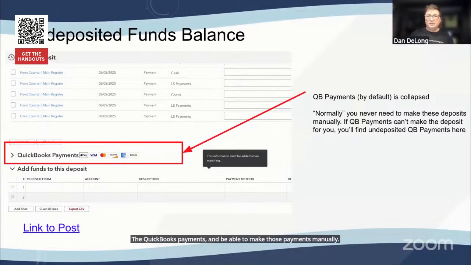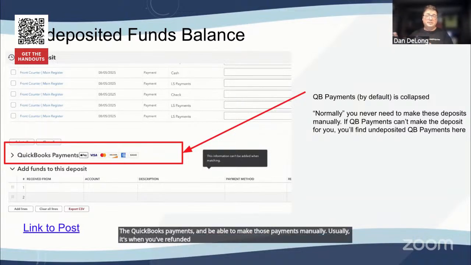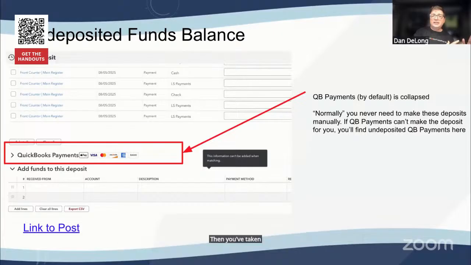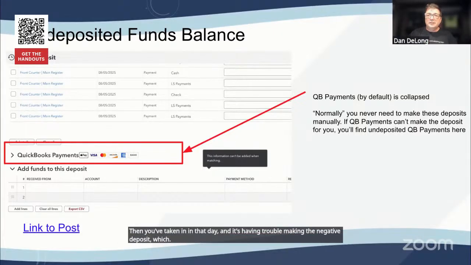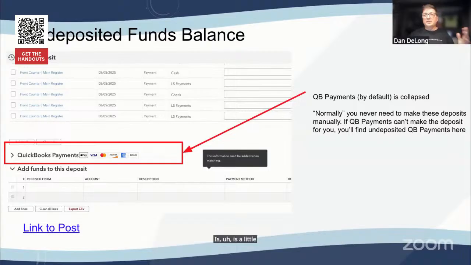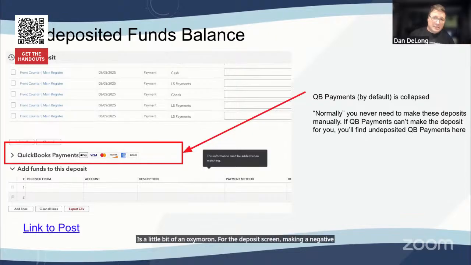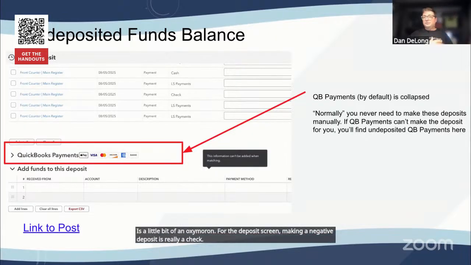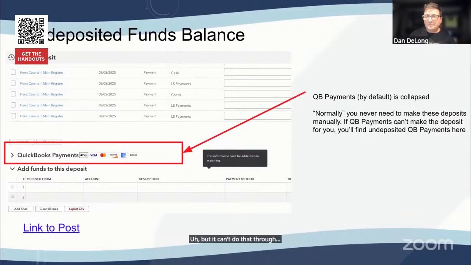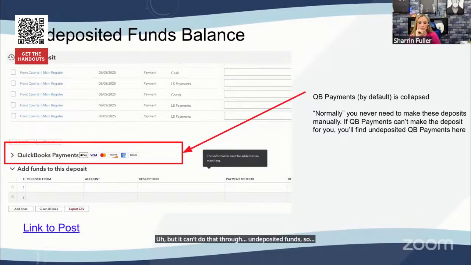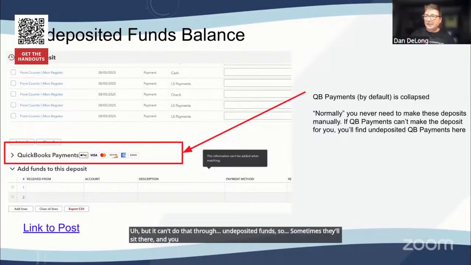Usually it's when you've refunded more than you've taken in that day, and it's having trouble making the negative deposit, which is a little bit of an oxymoron for the deposit screen. Making a negative deposit is really a check, but it can't do that through undeposited funds. So sometimes they'll sit there and you'll have to make those manual actions.